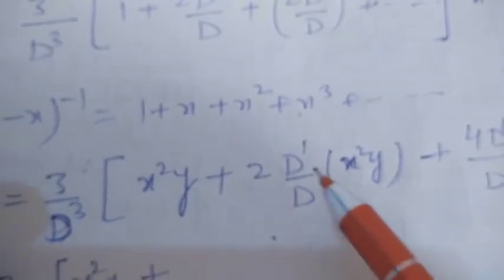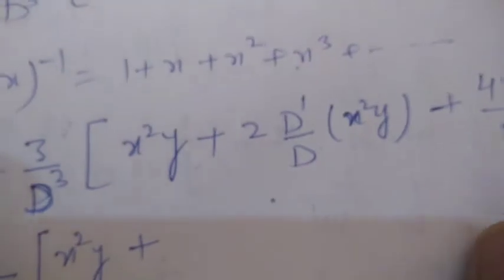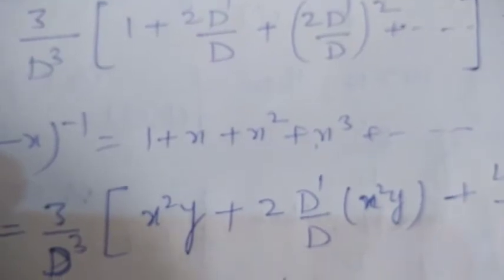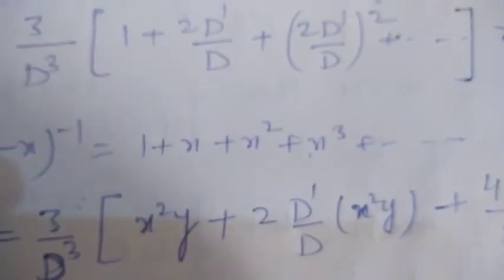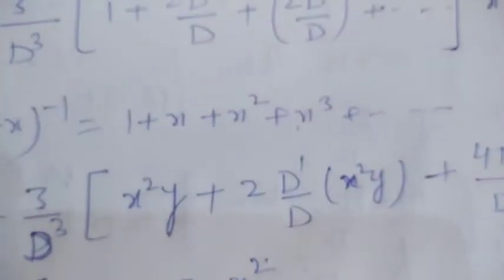It becomes x square y, and as you know d stands for the differentiation, so 1 upon d stands for the integration, d dash stands for the differentiation with respect to y. So now after differentiating this with respect to y, we will obtain 2 by d x square, x square as it is.